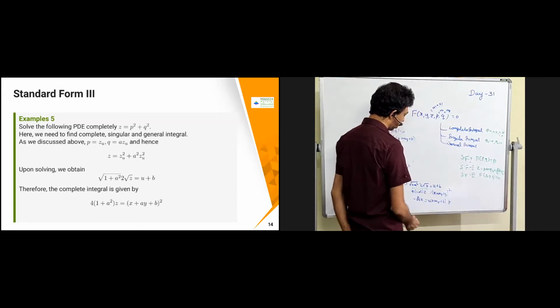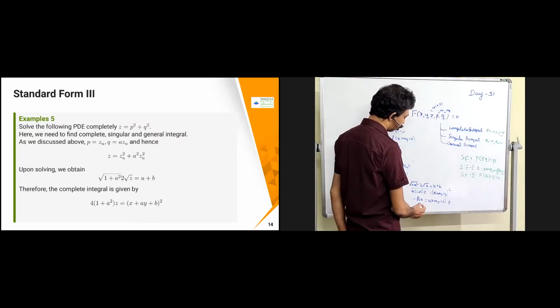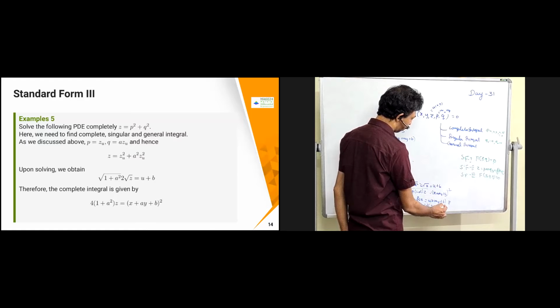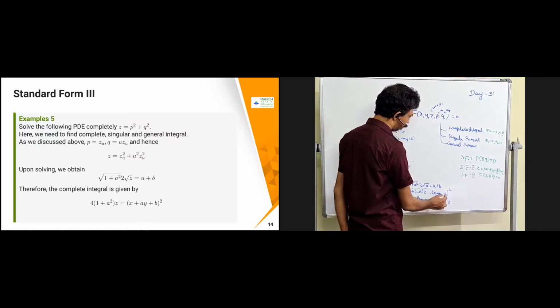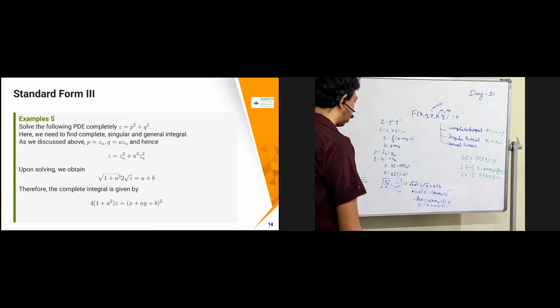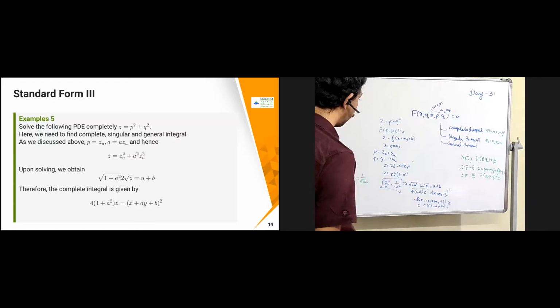Similarly, if you do with respect to b, this side is going to be 0, and this side is going to become 2 into (x plus ay plus b). With respect to b, this is going to be 1. So that's all. Now you solve these three equations and then find the answers. I think almost you can find it.